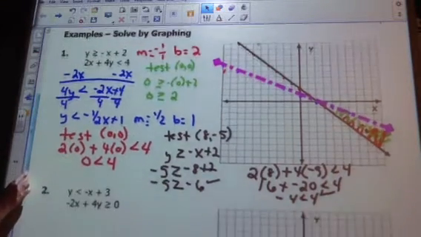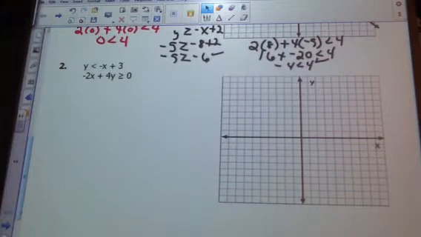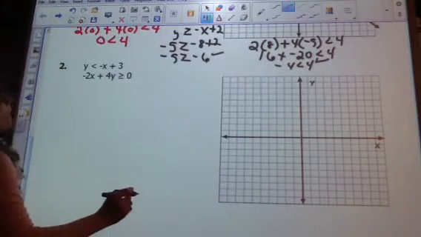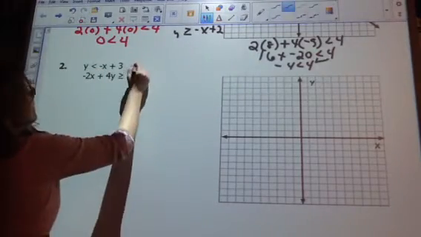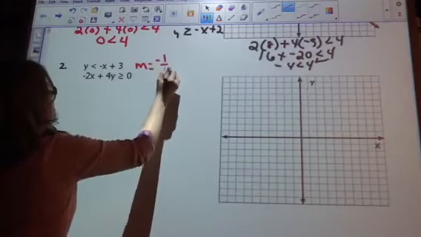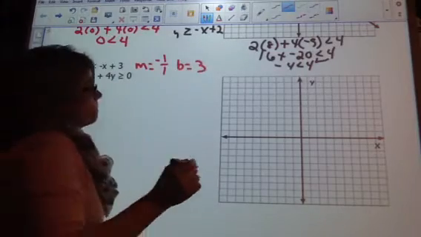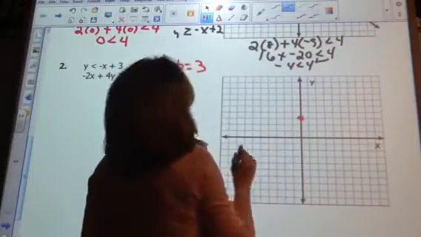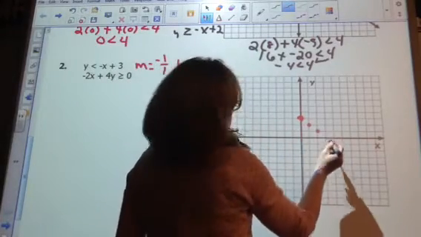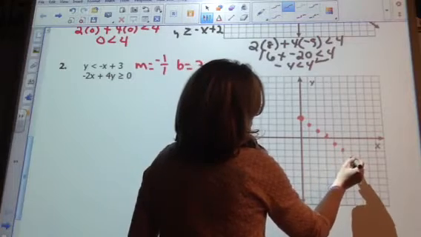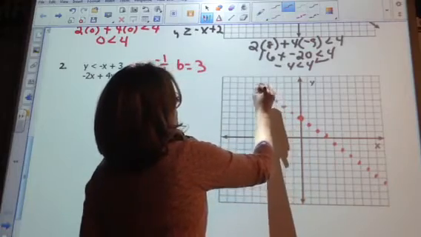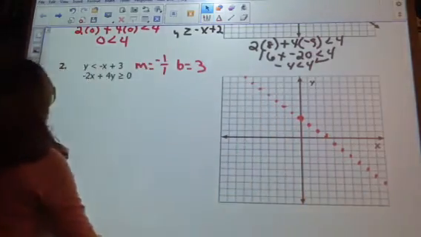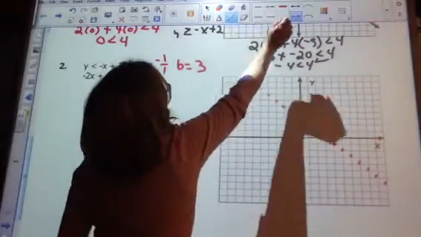All right, let's do another one. Identify your slope and your y-intercept. This is less than, so I'm going to use a dotted line.